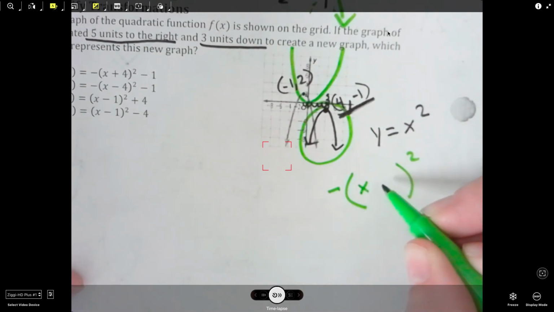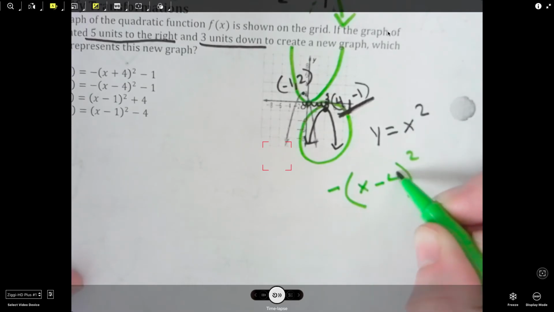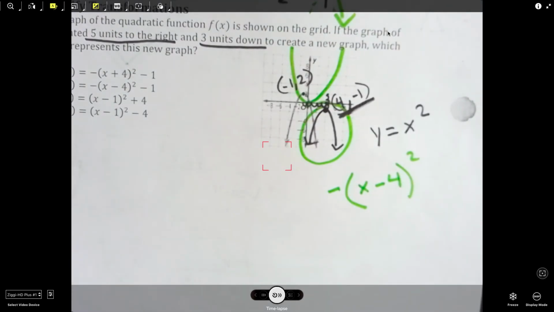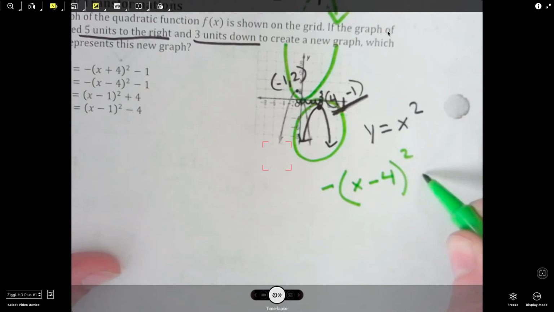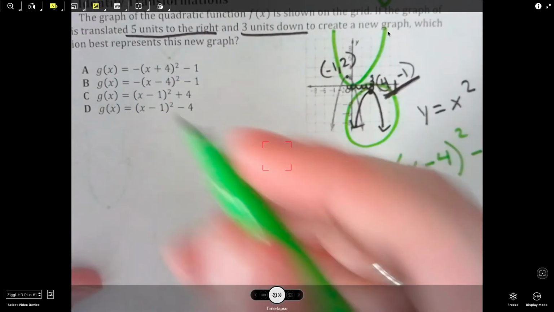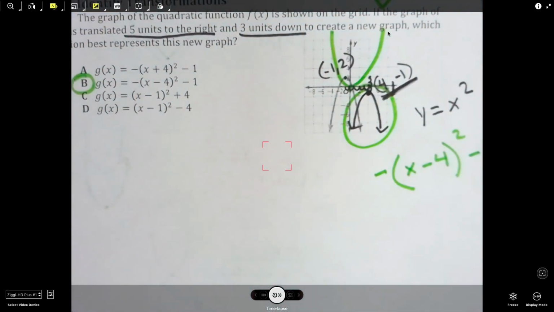X minus 4, because it's the opposite sign. X minus 4, okay? And then we've gone, what, 1 unit down from that? Right, from the original, 1 unit down looks like -1. So which one is that? B. B. Yeah, understand kind of?